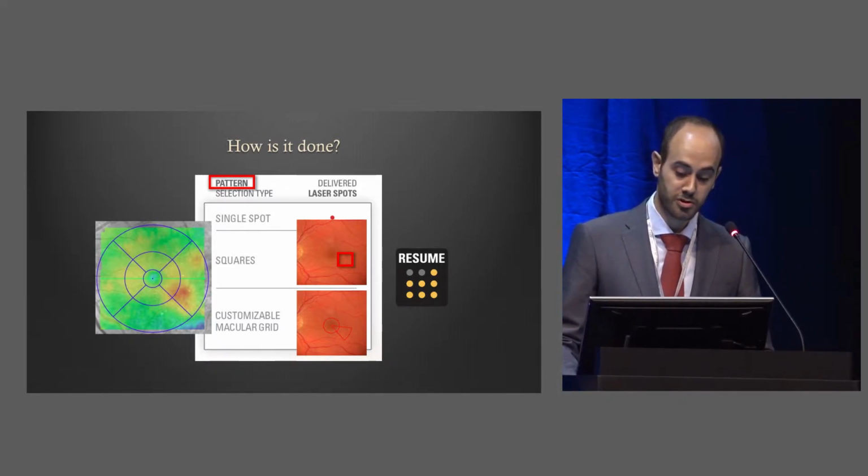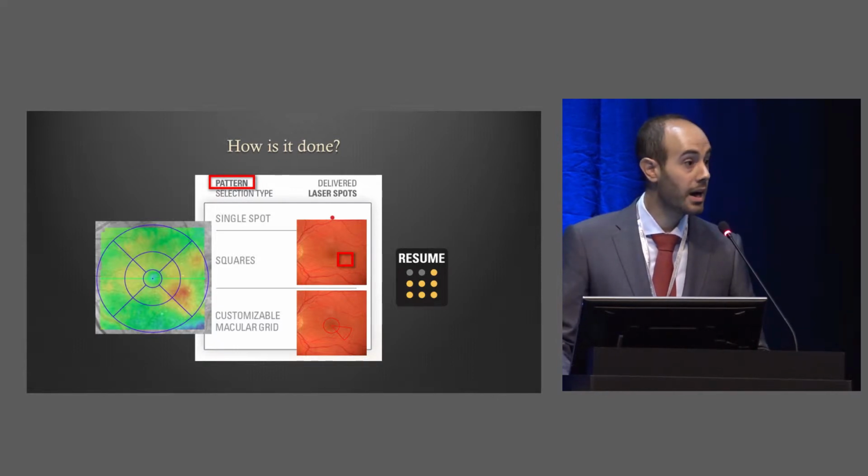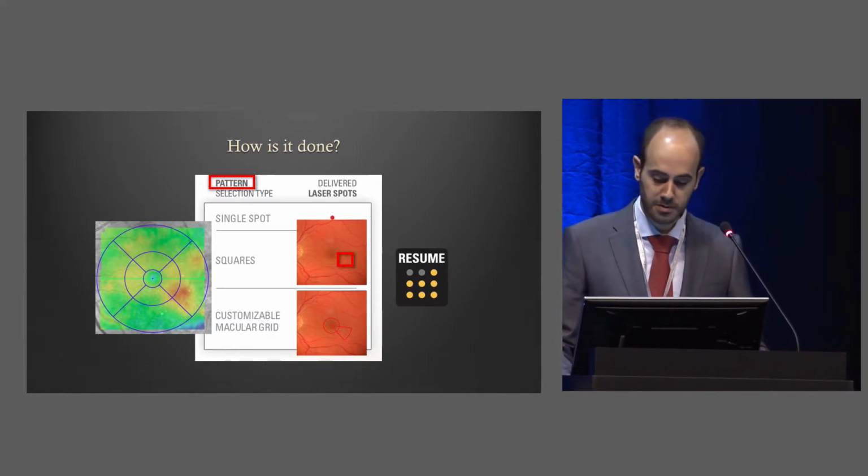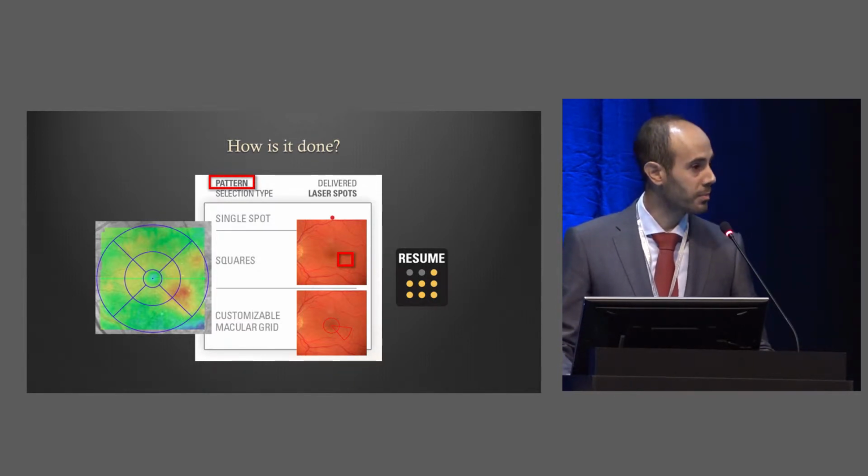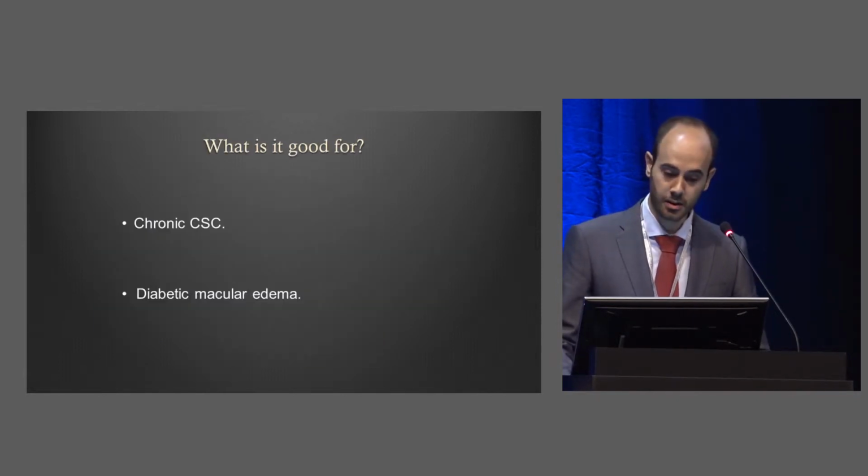You will see the spots delivered one after the other, and if for whatever reason you have to stop, the patient moves, it doesn't matter, you just stop the treatment, replace the square or the grid, and the resume function will restart the treatment right at the point where it was stopped, making sure you achieve that density we were talking about. That's pretty much it about technique.